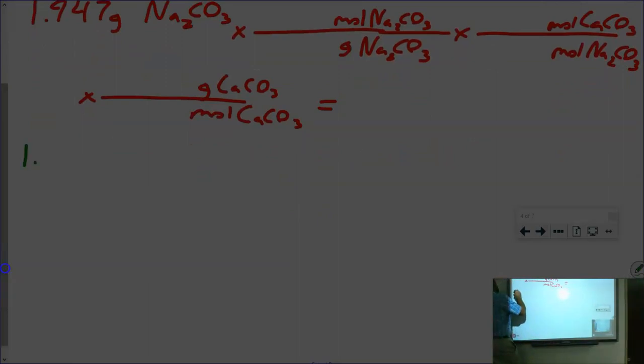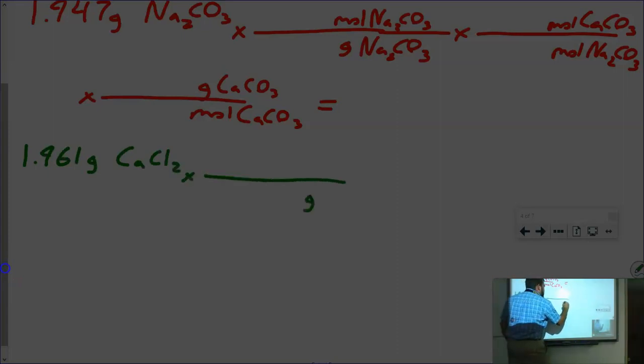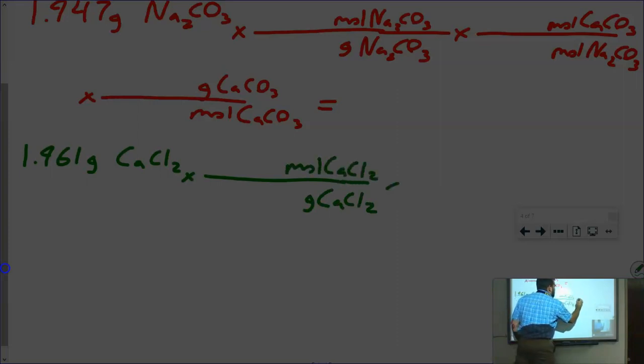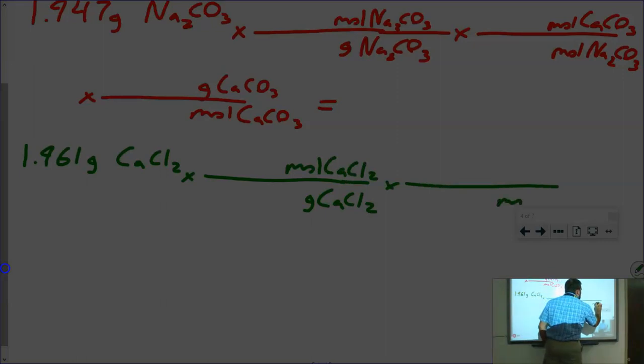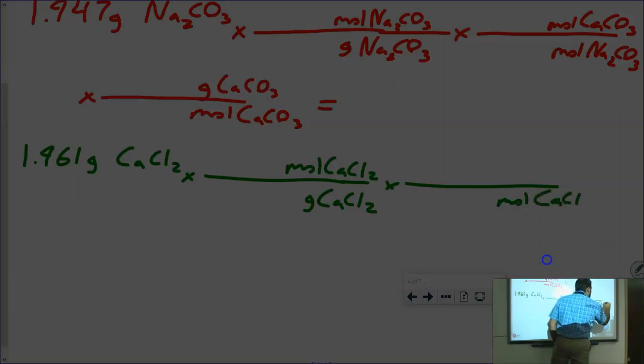I'll then set up the next one. The next one I had 1.961 grams of calcium chloride. I'm going to go from grams of calcium chloride to moles of calcium chloride. And I'm going to go from moles of calcium chloride to moles of calcium carbonate, which is the product.